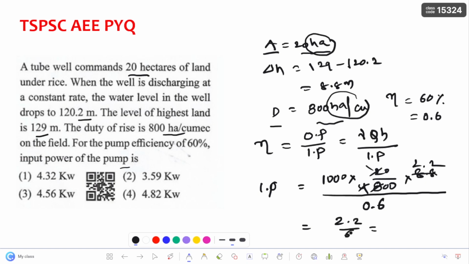That is 6 3 18, 3.5. In this way you can get the answer. So that is 3.59 kilowatts. I am taking only the numerical terms, because if you directly neglect the 10 to the power terms, this is the fastest way to get the answer.